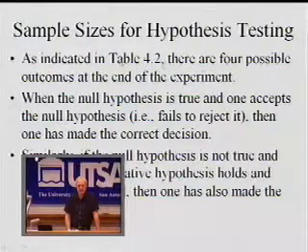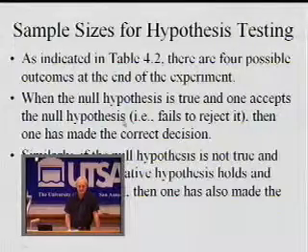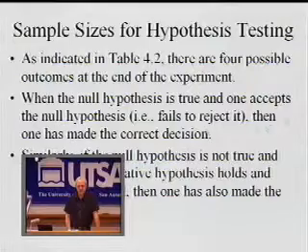So as indicated in table 4.2, there are 4 possible outcomes at the end of an experiment. We'll see that table in just a moment. When the null hypothesis is true and one accepts the null hypothesis, we fail to reject it, that is, then one has made a correct decision.